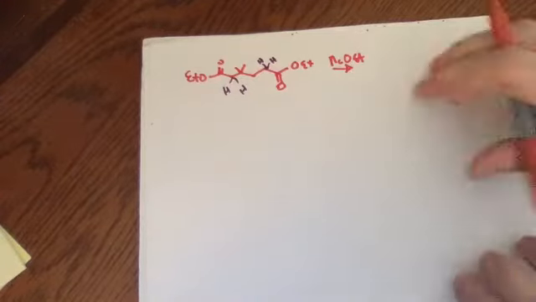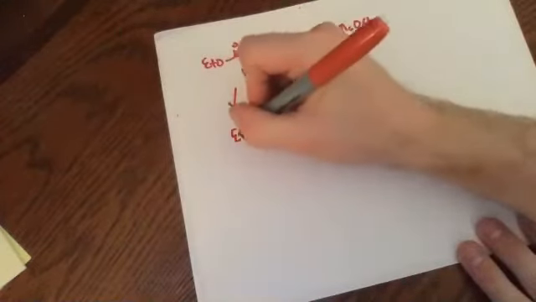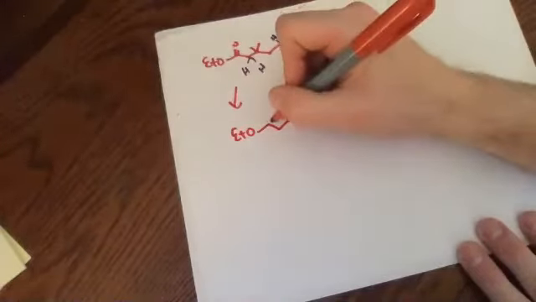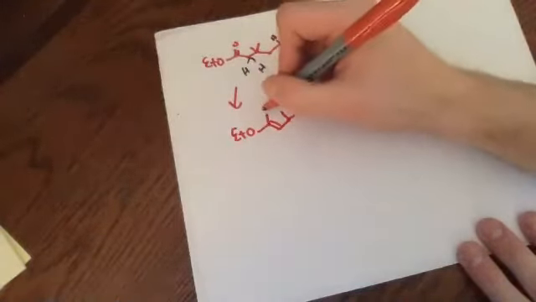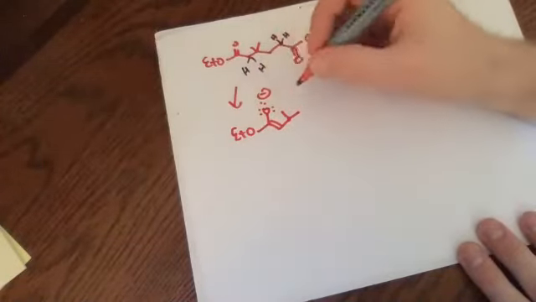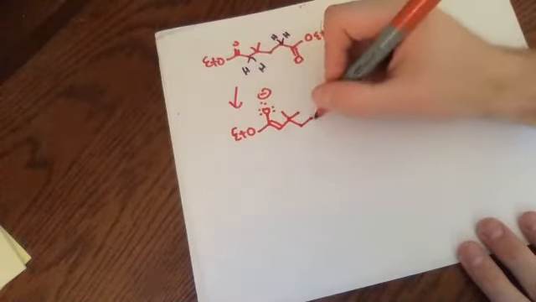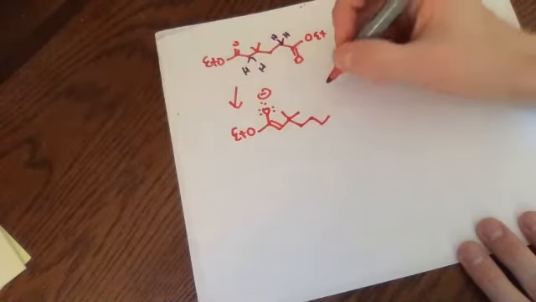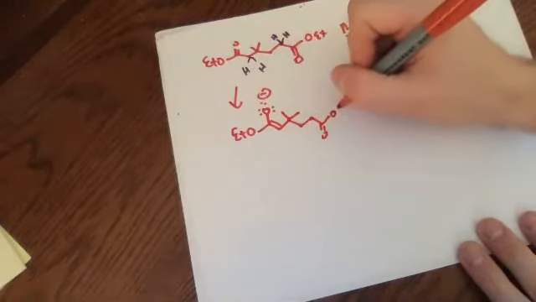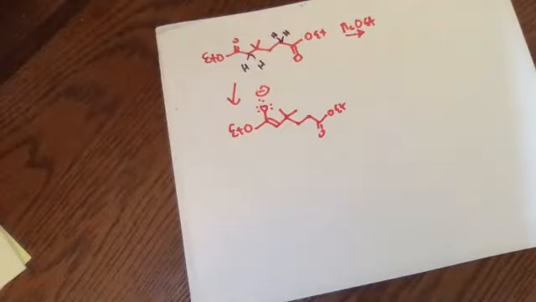So if I pull these off, make our enolate, it should look like this here.